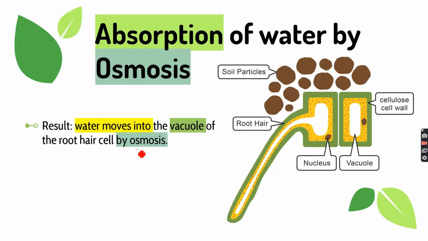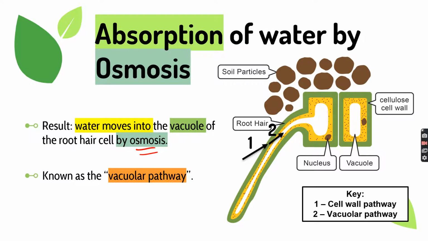You have to mention by what process and from where to where. This is called the vacuolar pathway. So you have two processes when we're thinking about absorption of water: the cell wall pathway, which is via diffusion, and the vacuolar pathway, which is via osmosis.